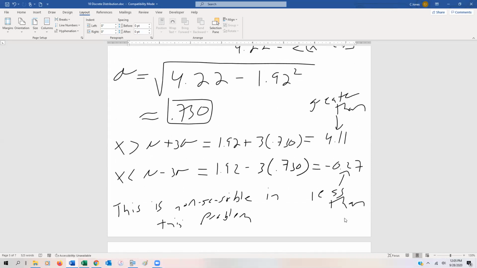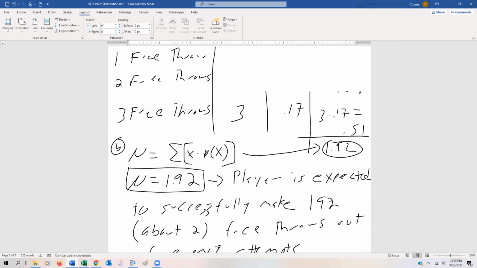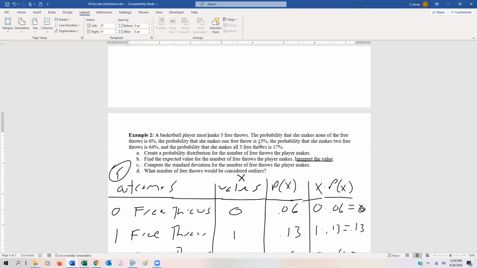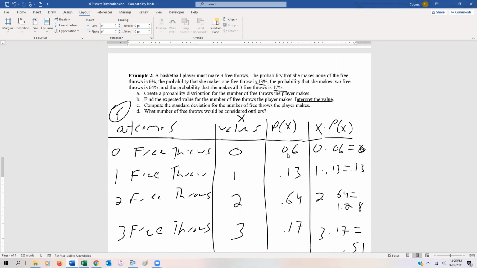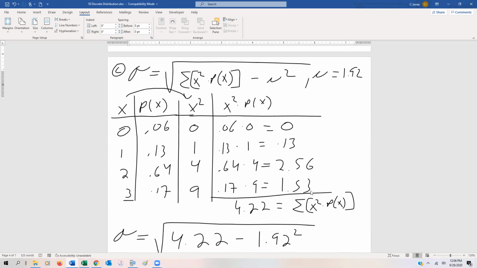So hopefully this makes sense for our first 2 examples. Now, in the last example we're going to look at, we're going to see what happens if the probabilities are not given or if they're not easy to find. So we might have to go back and use some of our previous definitions to help us build our discrete distributions, and that's what's going to be in our last example.